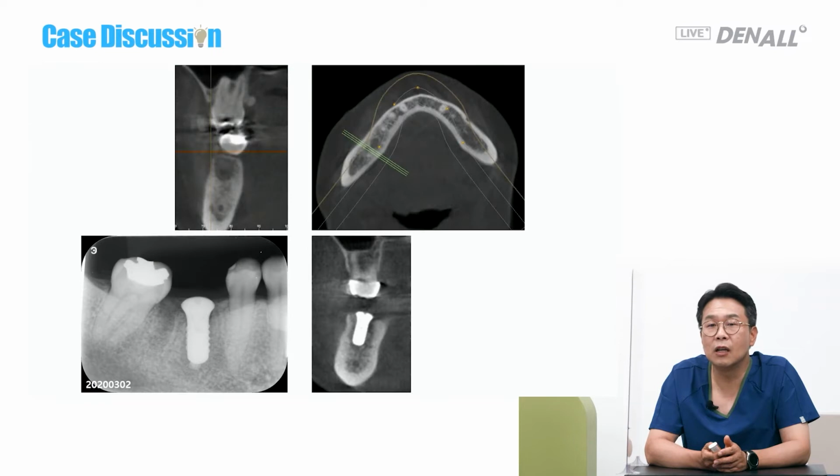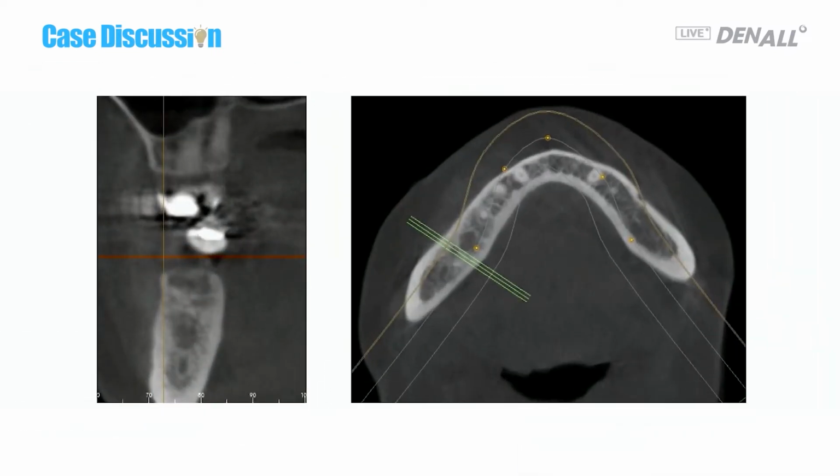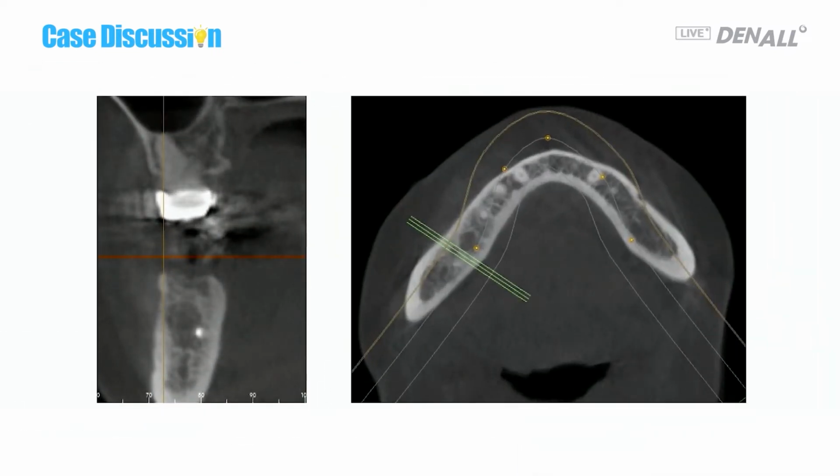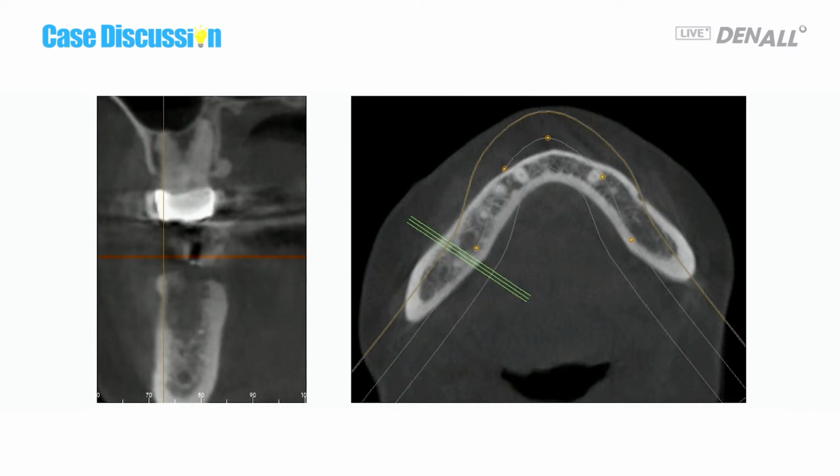The patient doesn't have osteoporosis, and I was wondering what I needed to do. Immediate implant placement can be done. So we decided to place an implant, and if you look here in the video, a radiopaque mass is observed around that.